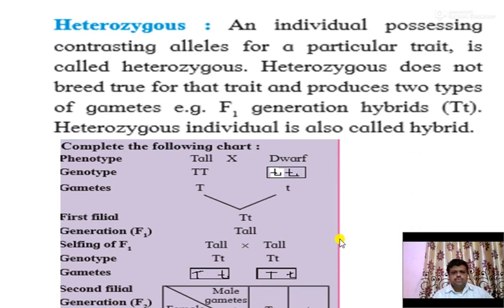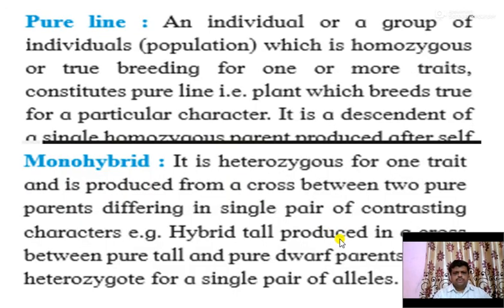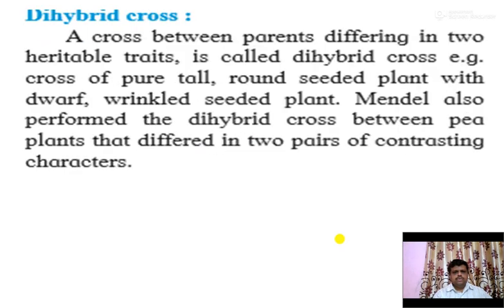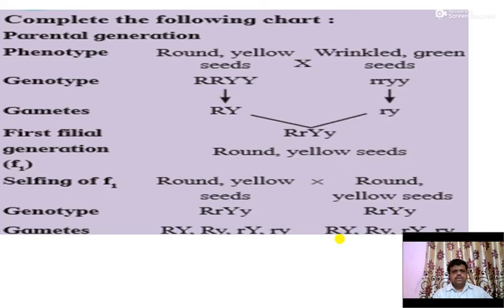Let us move to the dihybrid cross of Mendel. In this cross, Mendel considered two characters at a time, that is round and yellow seeds.